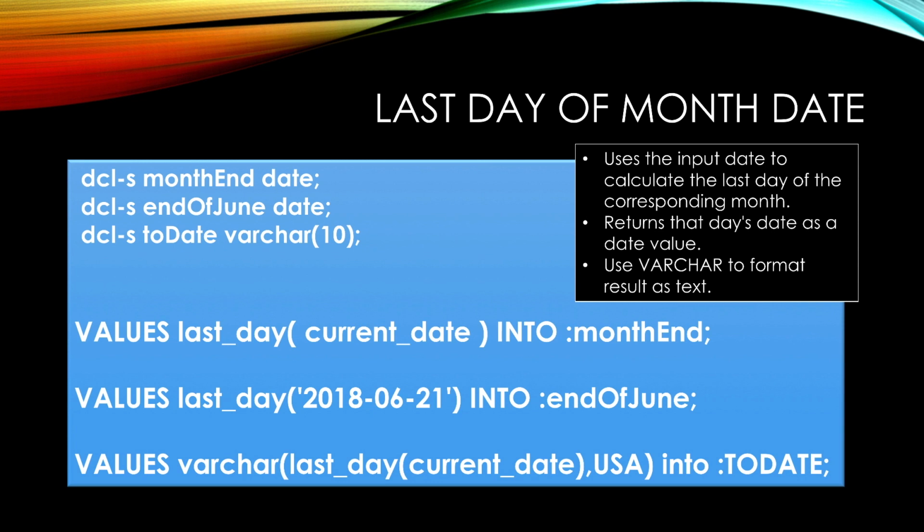To do that, I wrap the LAST_DAY function in VARCHAR. And as the second parameter to VARCHAR, I use USA. So this says to take the current date, calculate the last day of the month, convert it to character in USA format, and store it in the toDate host variable.